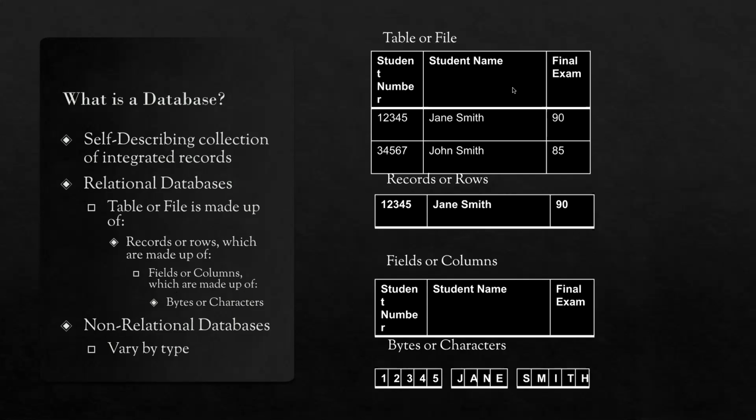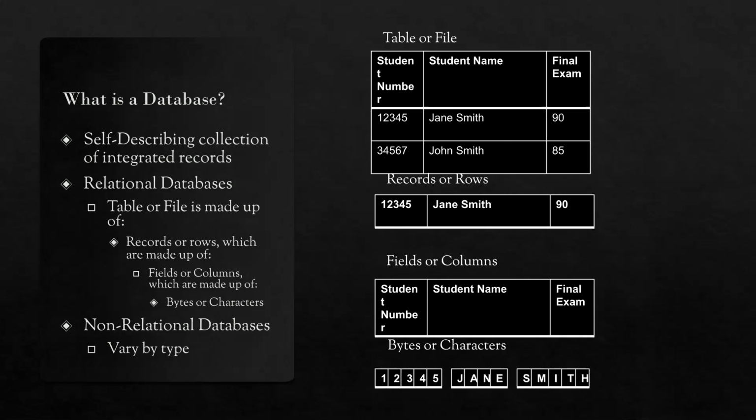So if we look on the right side of the slide, we have a table or file. The table has 3 columns: student number, student name, and final exam. There are 2 records or rows, the first one being 12345, Jane Smith, and a final exam of 90.